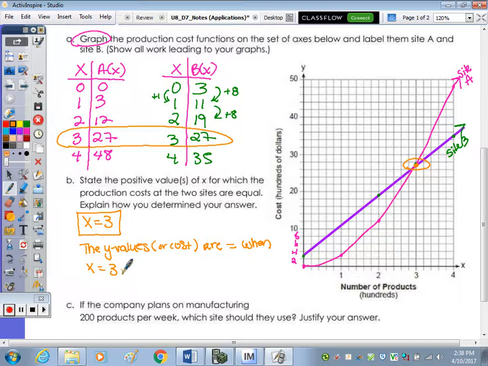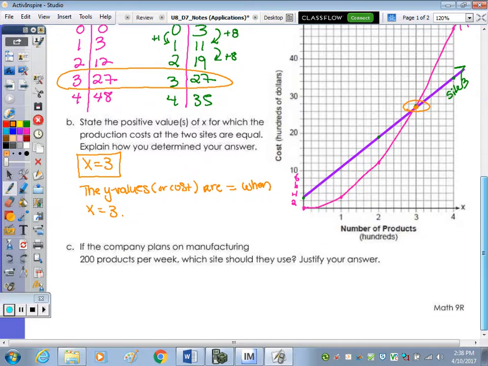Last part. If the company plans on manufacturing 200 products per week, which site should you use? Should you use site A or site B? If they plan on manufacturing 200 products per week.